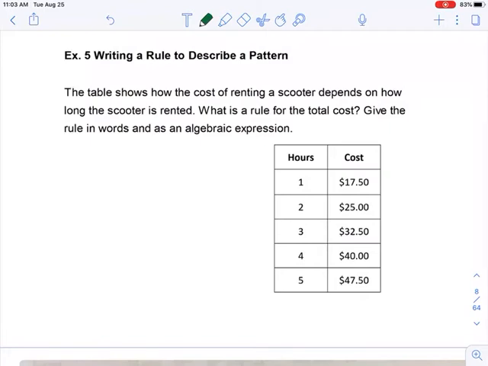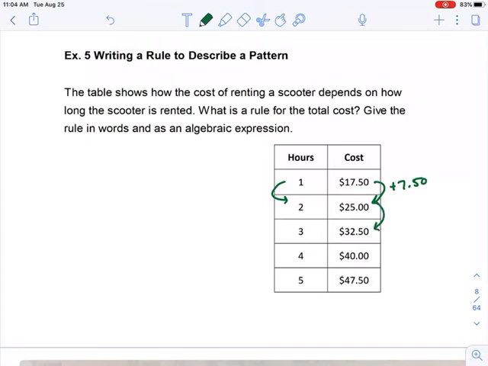So I need to figure out, how do I take my hours of 1 and get to $17.50? If I plug in 2, I get to $25. If I plug in 3, I get to $32.50. So let's see if we can find some sort of pattern. As I look down my cost, every time I change hours from 1 hour to 2 hours, how much money am I adding? If I take $17.50 to 25, I'm adding $7.50 for that 1 extra hour.